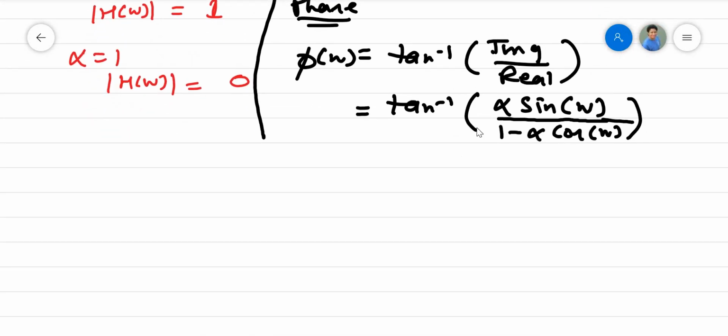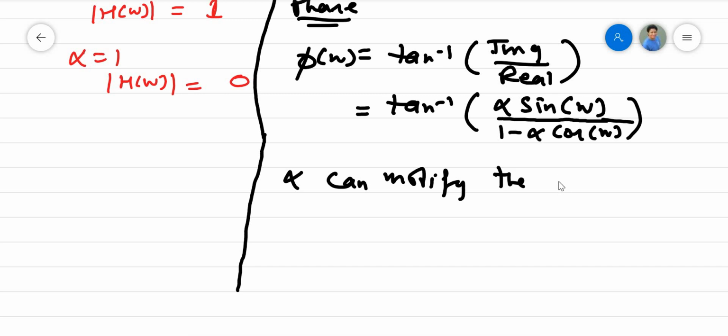So we can see that this alpha can modify the phase of the filter.